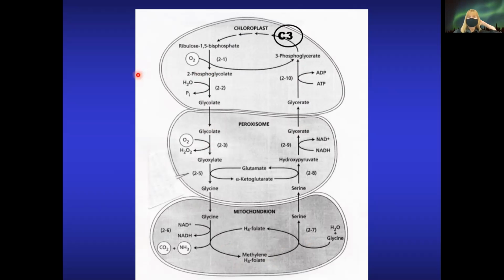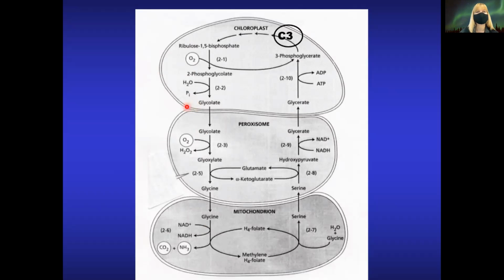So let's look at this a little bit. Now, when you're studying this, the best way to study this is to know which organelles. I will ask you to know which organelles are involved and the order. You know, that first is chloroplast, then you go feed into the peroxisome, then feed into the mitochondria. And then I will be asking for what molecules are getting transferred from one organelle to the next.